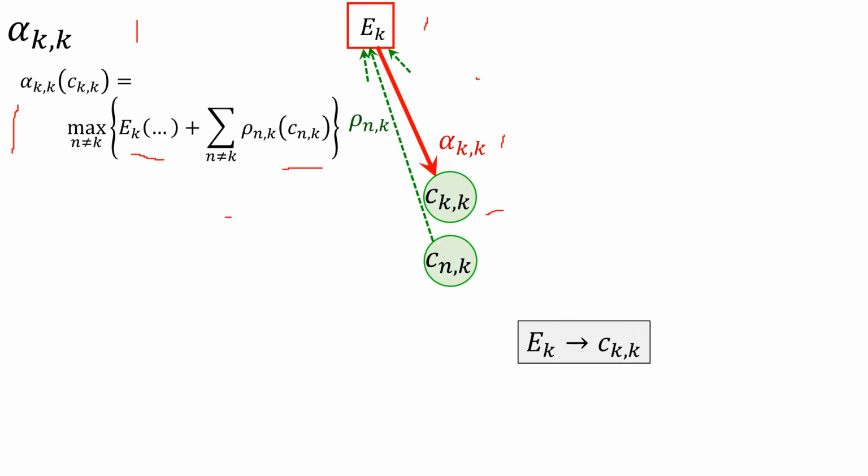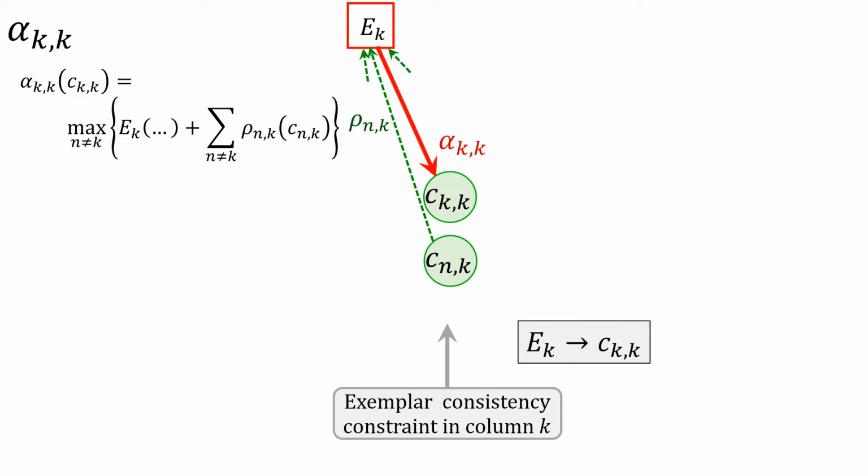So this is the expression for alpha kk. This ek is the exemplar consistency constraint factor node for column k. This is the column k.